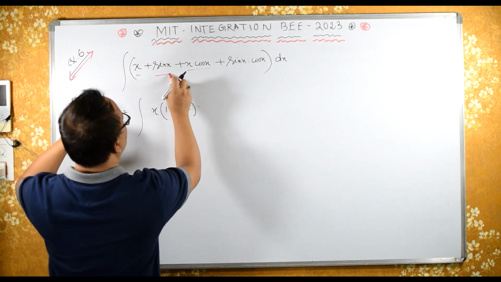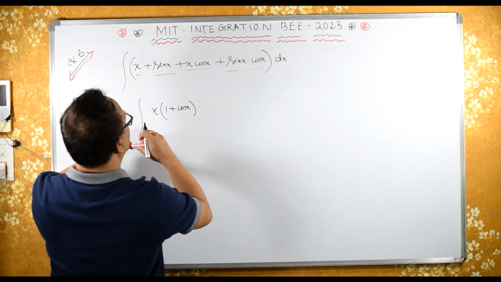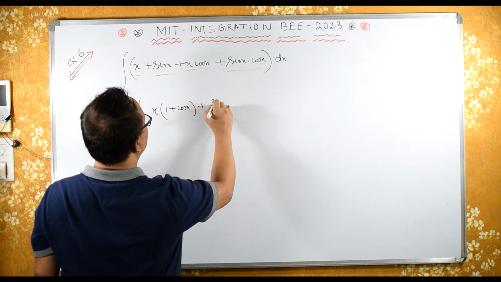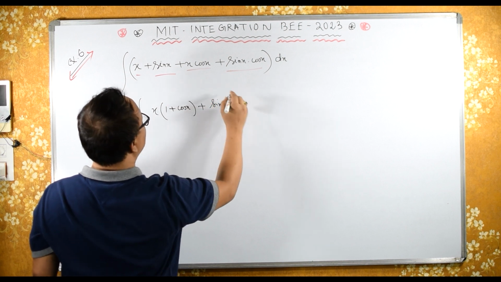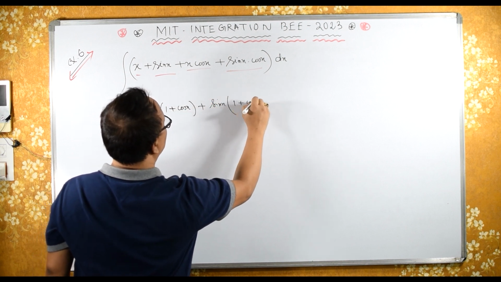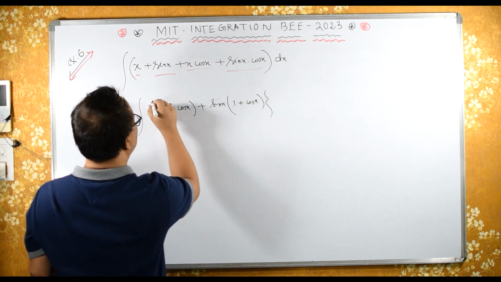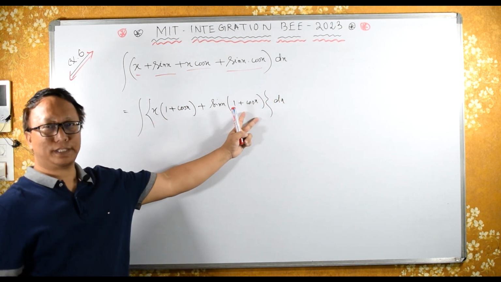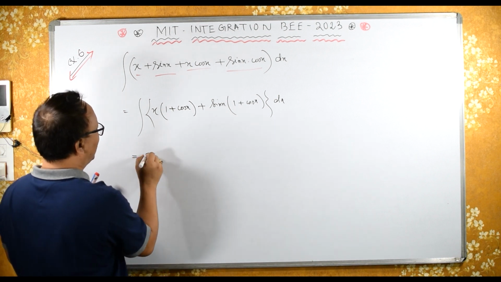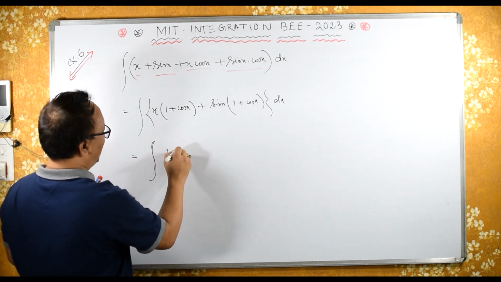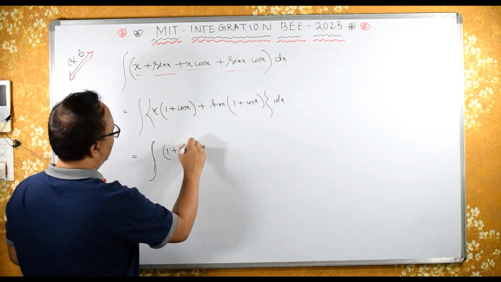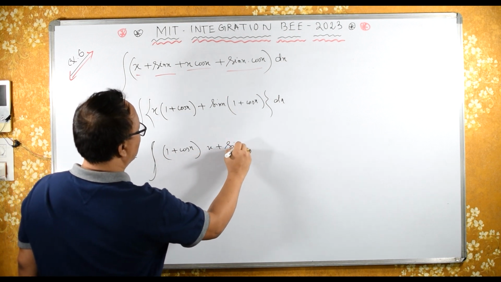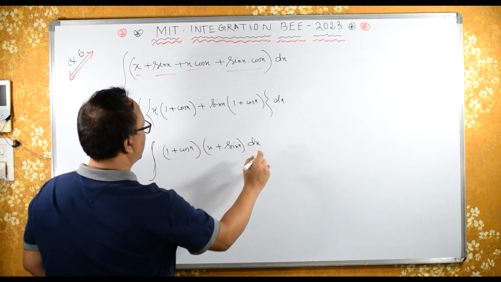From these two, if I take sin x common, then 1 plus cos x dx. Now here 1 plus cos x is common, I can take it once again. If I take 1 plus cos x common, here I will have x plus sin x dx.